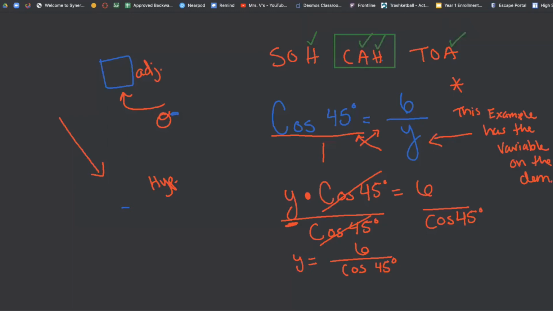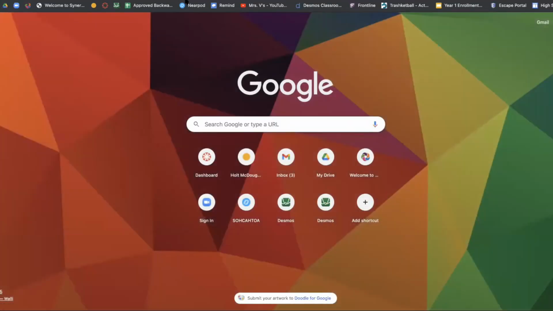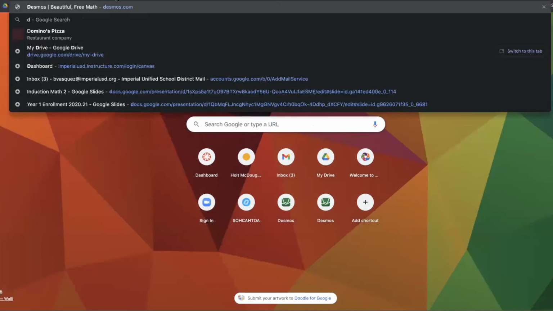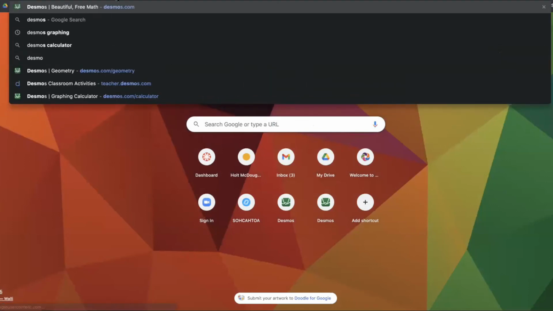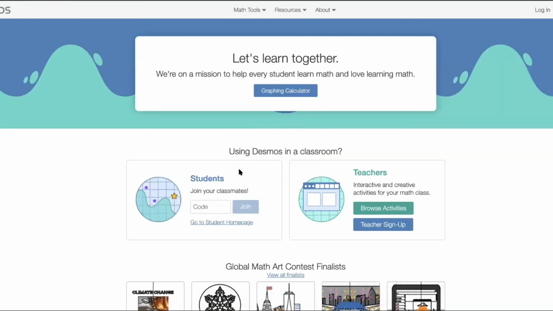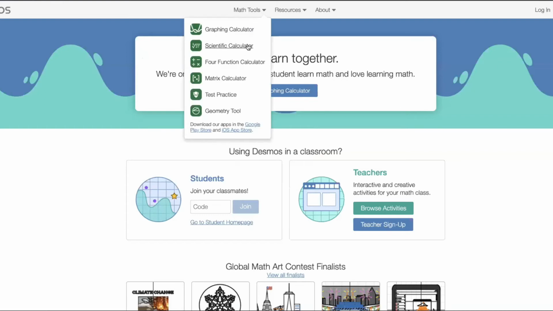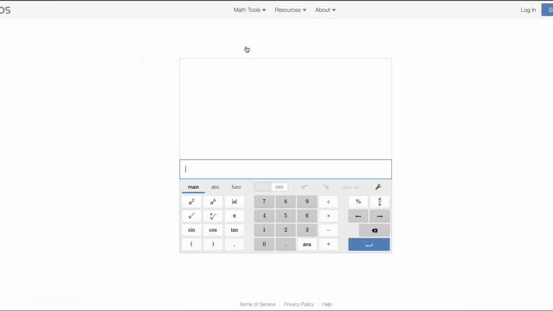If you go to decimals.com, you'll be brought to this page. You're not using the graphing calculator. You're using the scientific calculator, which you can find in your math tools. Or if you have a scientific calculator on your computer, you're more than welcome to use that one as well.